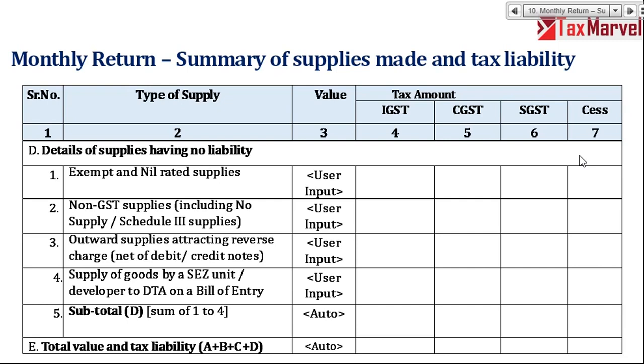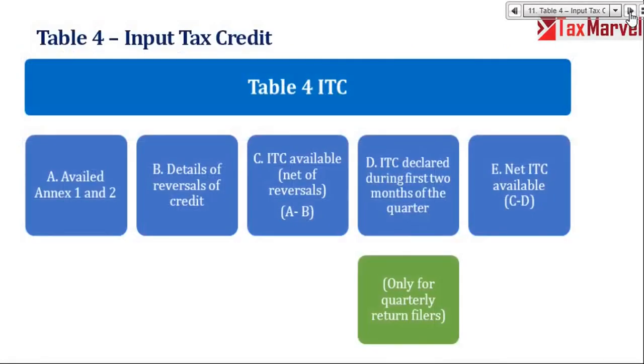So user input I'll put, auto means figures are flowing from some other table of ANX 1, right? Now input tax credit, friends, understand carefully. So input tax credit means availed, right? Then reversal, net ITC, availed minus reversal, right?